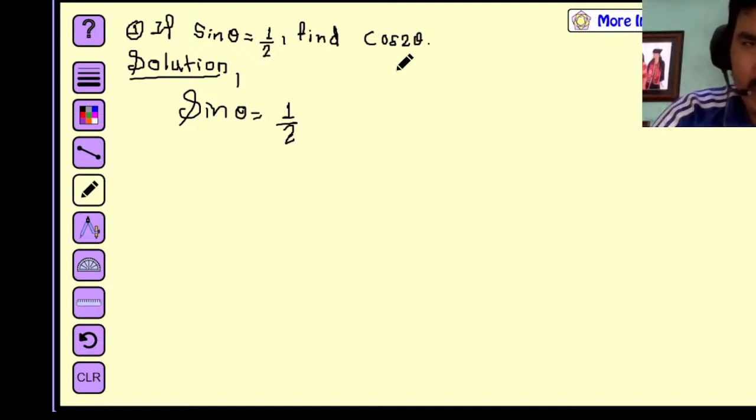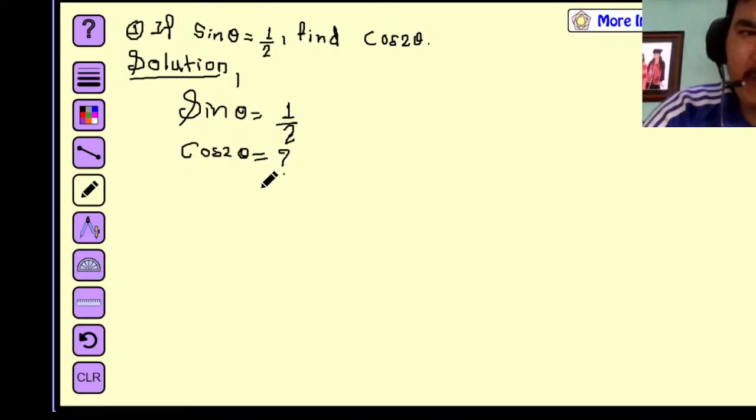As we know, we have the formula. Our question asks us to find cos 2 theta equals to what?